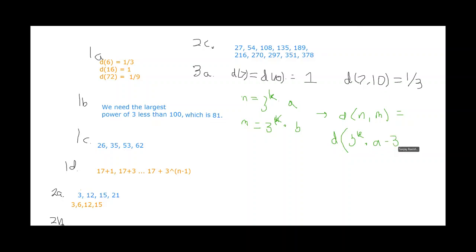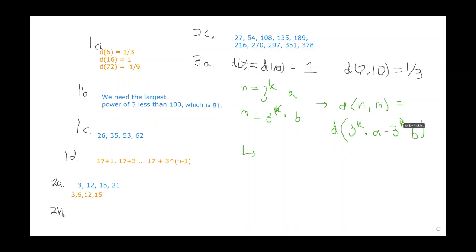For 3b, that's your form of n and m, given that d of n equals d of m equals 3 to the negative k. All right, so the distance between m and n is d of their difference, 3 to the k times a minus 3 to the k times b.